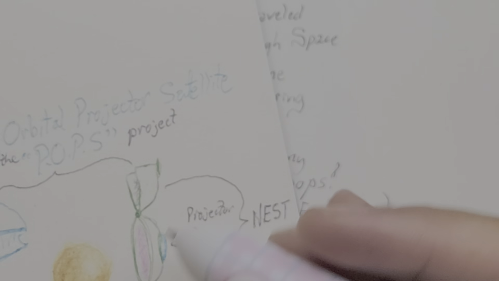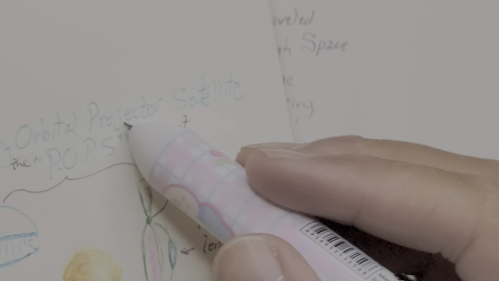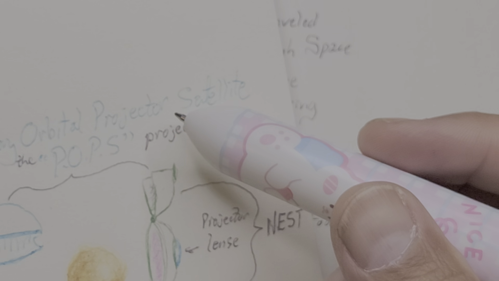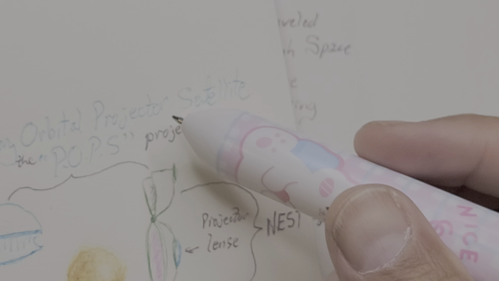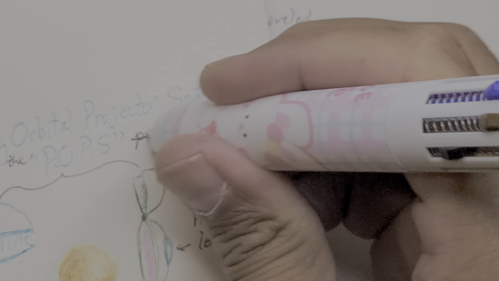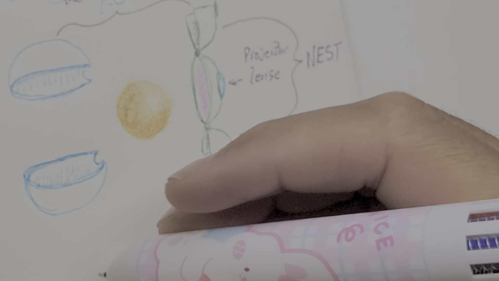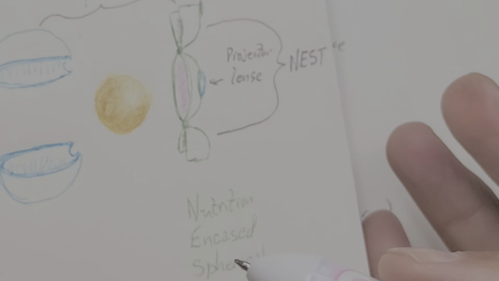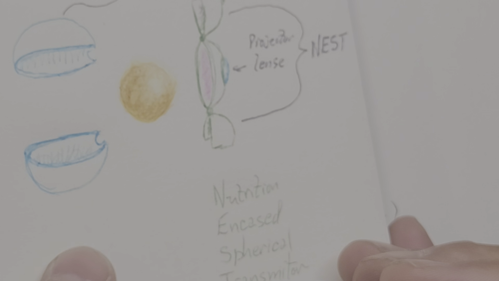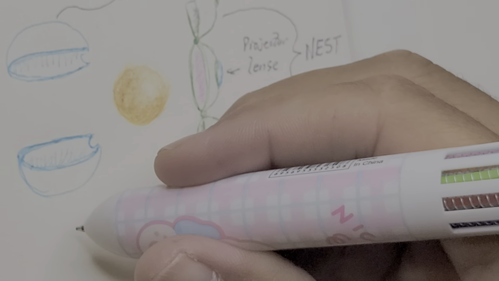You know what, I don't know about calling it the POPs project because, you know, it has projector in its acronym. Maybe campaign? I don't know, I'll have to think about that. Anyway, so getting back to this, you could have like a clear plastic something that could sit here, or maybe like almost like a claw.